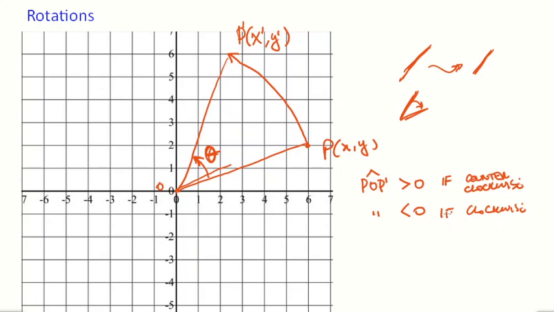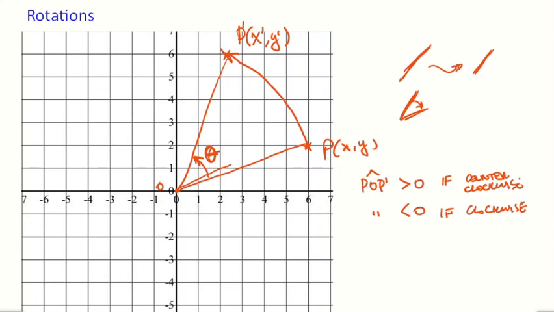So basically, what does that mean? If I'm rotating in the direction that I've shown you here, so I had my point P and I've got my point P', it has rotated counterclockwise, so this angle would be positive. If I was rotating in the opposite direction, towards the clockwise direction, then it would be a negative angle.